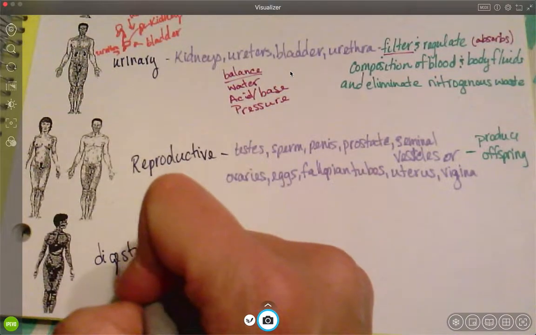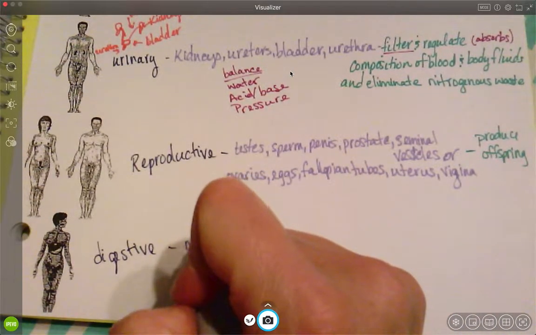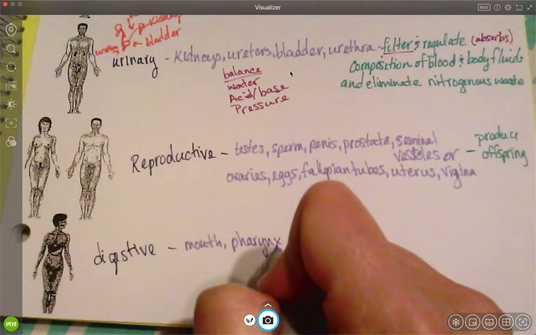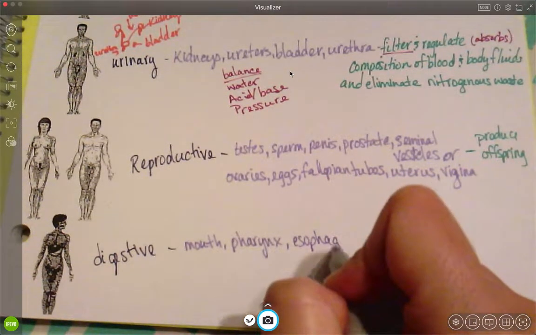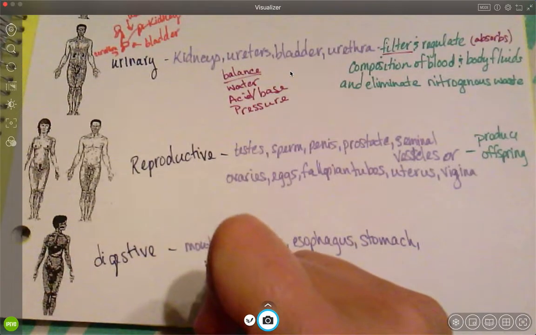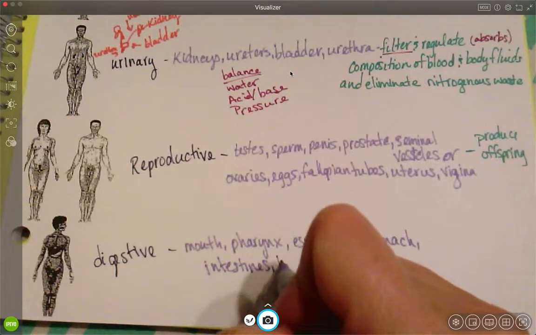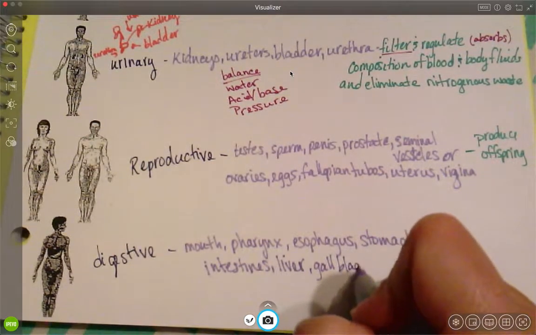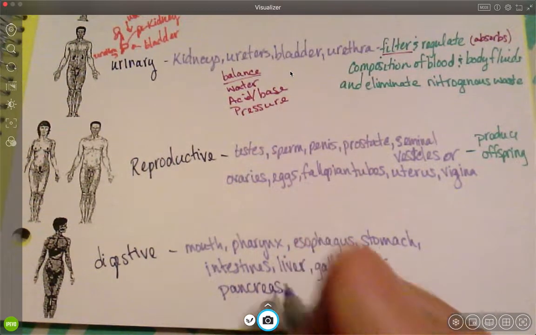So digestive parts: mouth, pharynx, esophagus, stomach, intestines, liver, gallbladder, and pancreas.